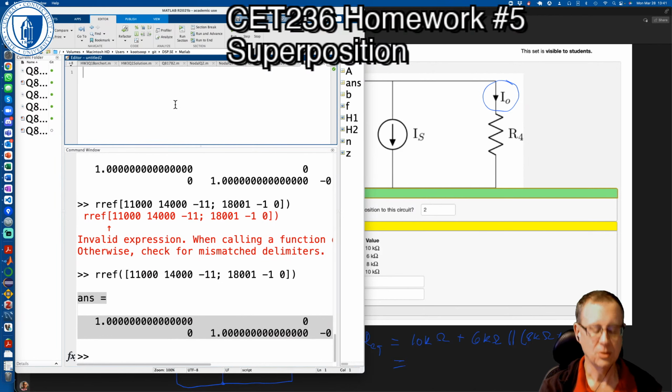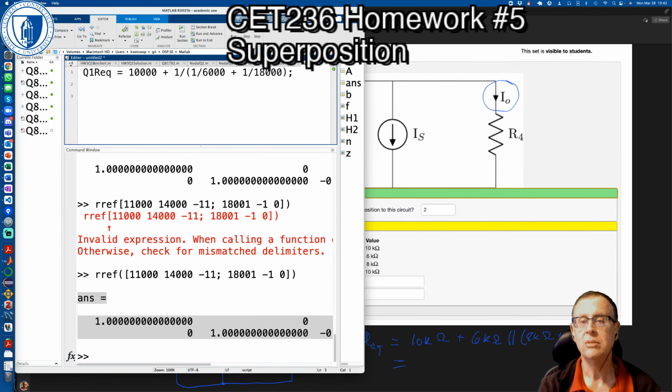There we go. So the R equivalent, Q1 R equivalent equals 10,000 plus 1 on 6,000 plus 1 on, and I'm just going to go 18,000. I'm not going to add them up. There we go. So there's our equivalent.